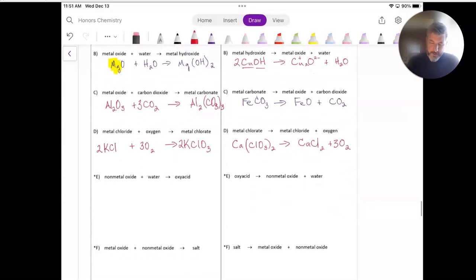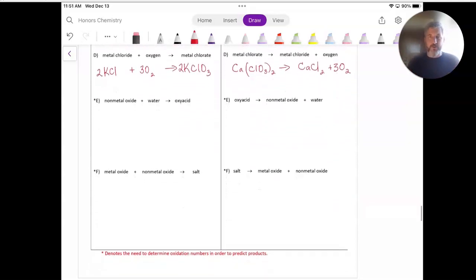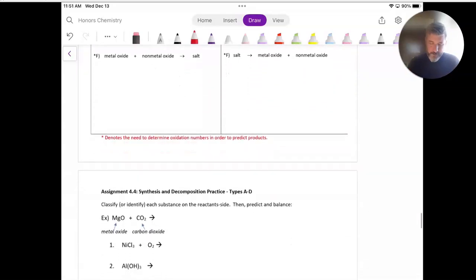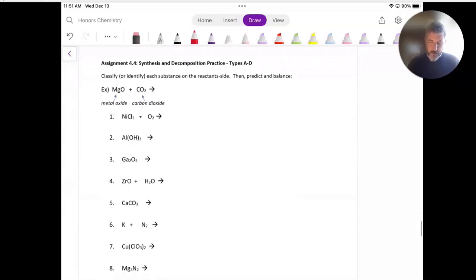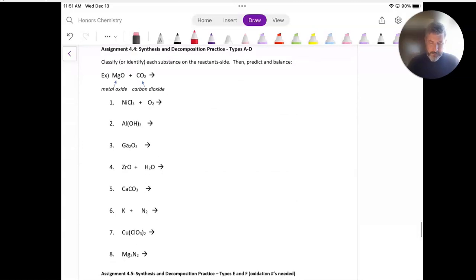All right, so go ahead and we're going to talk about E and F later on, but do attempt assignment 4.4. Do your best for those 8 problems, and you can just match them back to your notes.